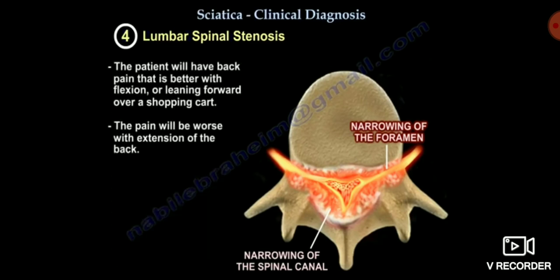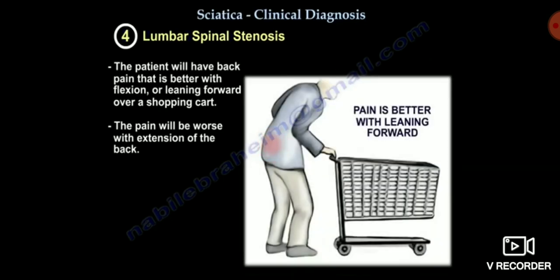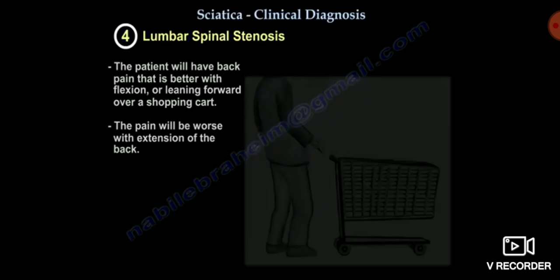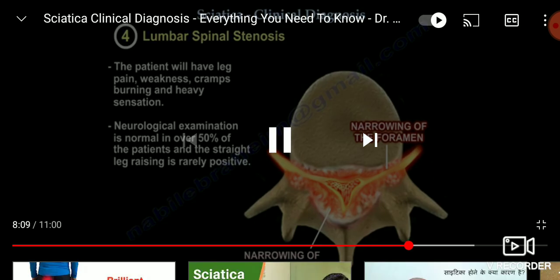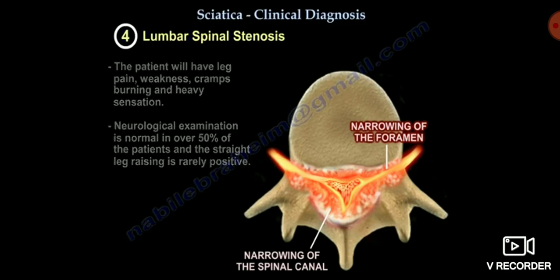Patients will have back pain, which is better with flexion or leaning forward over a shopping cart, and the pain is worse with extension of the back. There will be leg pain, weakness, cramps, burning, and a heavy sensation. Neurological exam is normal in over 50% of the patients, and the straight leg raising is rarely positive.